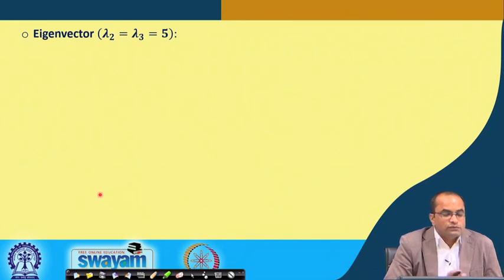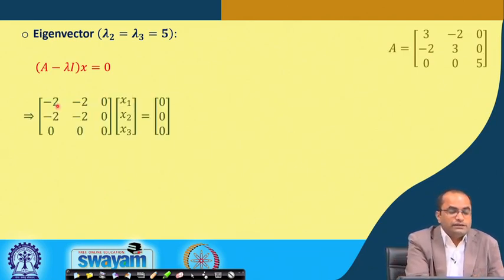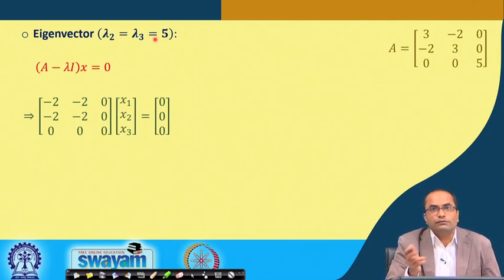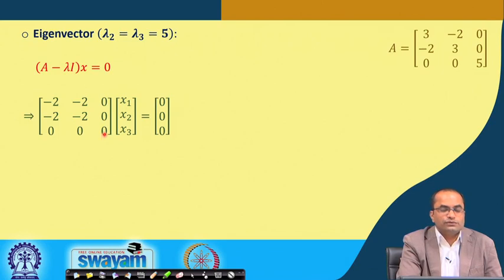Moving to the other one. We have lambda 2 equal to lambda 3, the two eigenvalues are equal, which is 5, and then we set up the system of equations for the given A, where 5 is subtracted from the diagonal entries. So, we will get minus 2 here, minus 2, and the last diagonal entry will be 0.